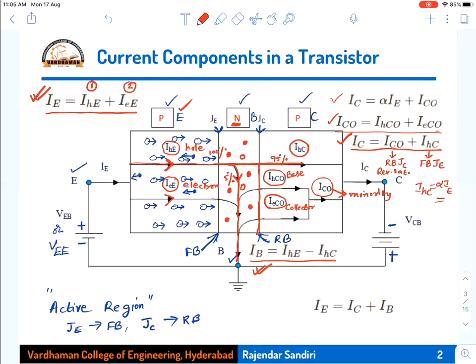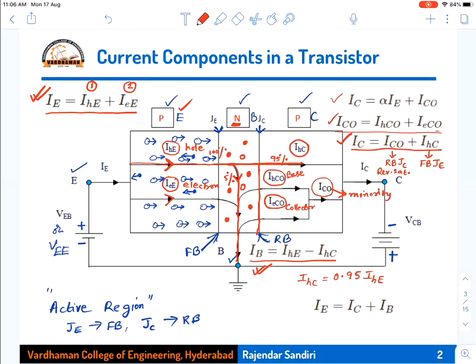So IHC is equal to 95% of the whole current, which is 0.95 times IHE.